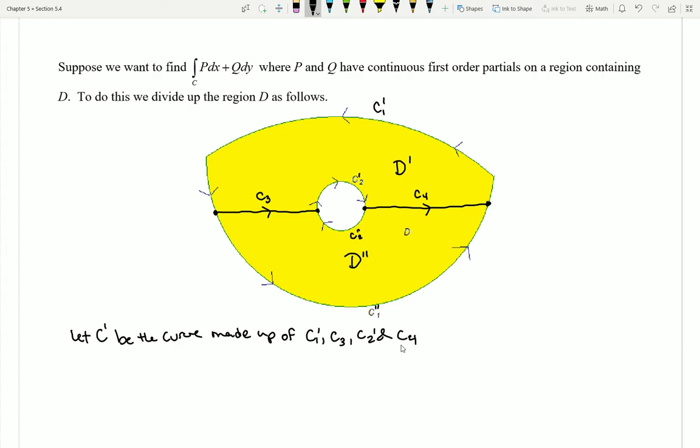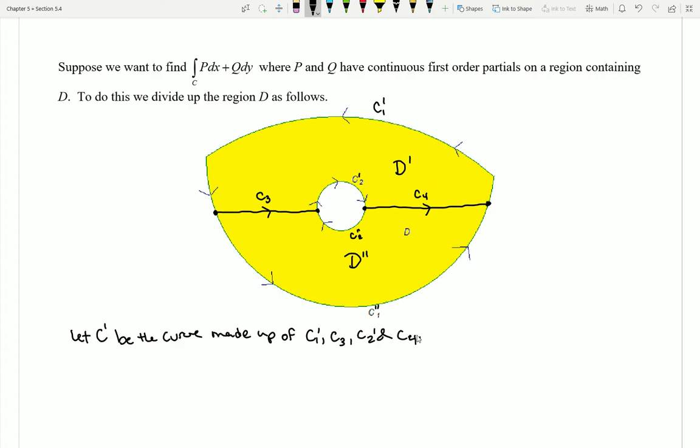You can almost tell where this curve exists. If I started over here at this dot and moved in the direction of C1 prime, I'd move all the way along here, go to C3, then along C2 prime, along C4, and I'm right back where I started. This forms a boundary of D prime.